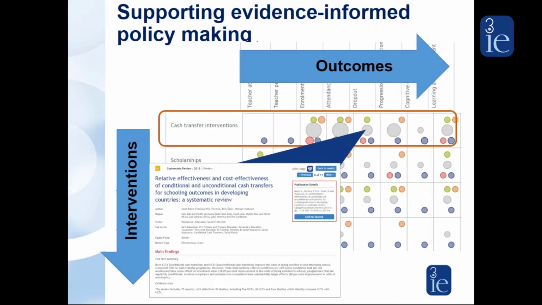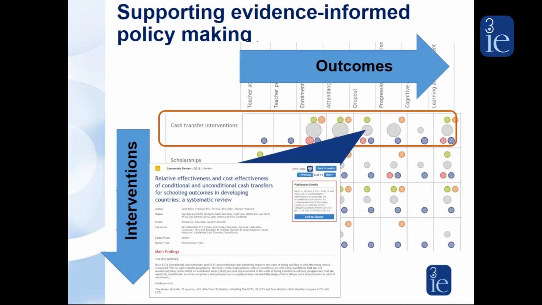So the benefit with evidence gap maps is that they can be conducted relatively quickly. And so whilst they don't replace new impact evaluations or systematic reviews, when there is a pressure on time, they can help ensure that decision makers have access to the best existing available evidence when they need it.